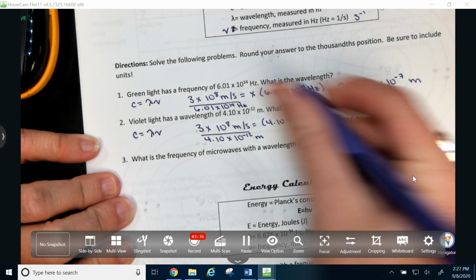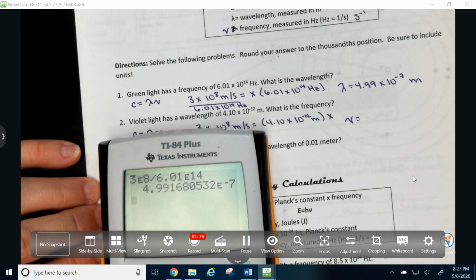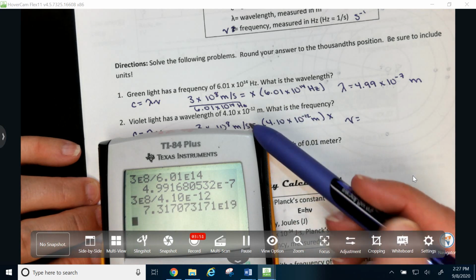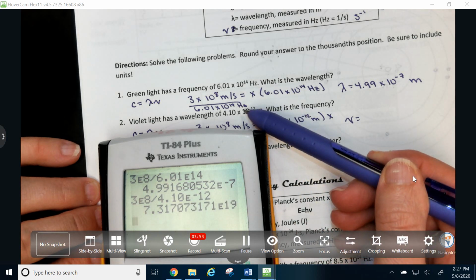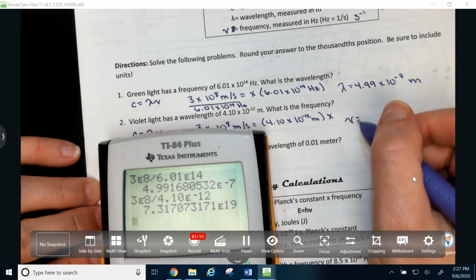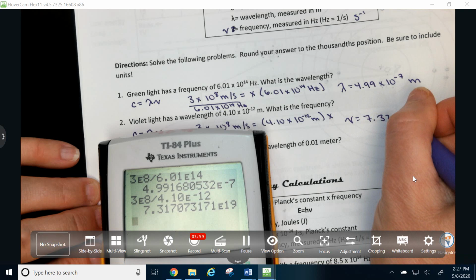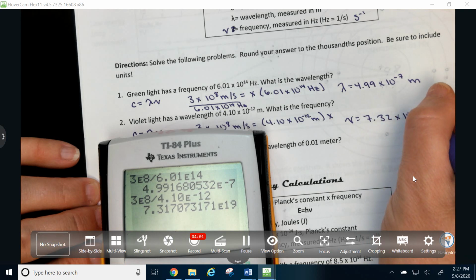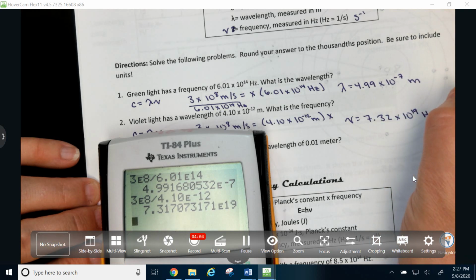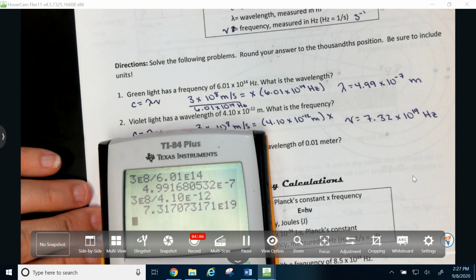So our frequency then is going to be 3 second E 8 divided by 4.10 second E -12. And because the wavelength had 3 sig figs, 4.10, our frequency is going to have 3 sig figs, and we would round it to 7.32 times 10 to the 19 hertz, or 1 over seconds, or seconds to the -1.